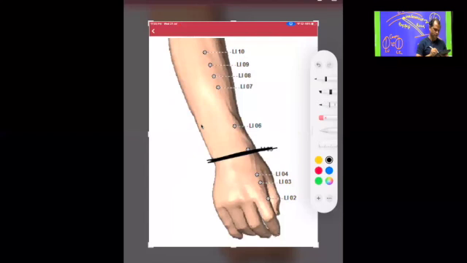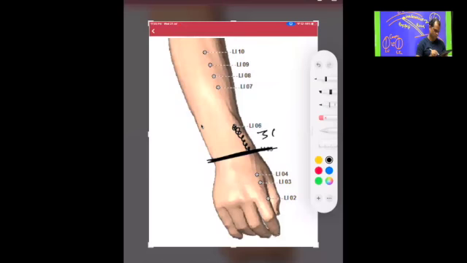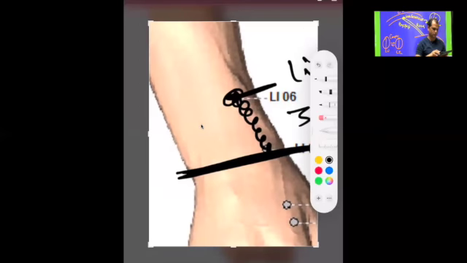From the wrist crease, if we measure 3 cun, this is large intestine 6. How can we measure the 3 cun? We can keep 4 fingers, finger 1, finger 2, finger 3, and finger 4, because 4 fingers are equal to 3 cun. So this is the location of large intestine 6.